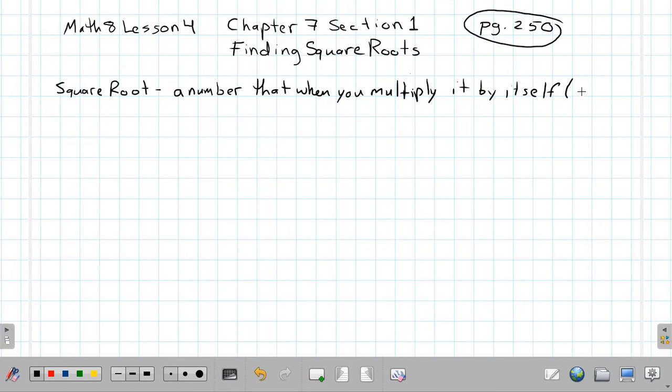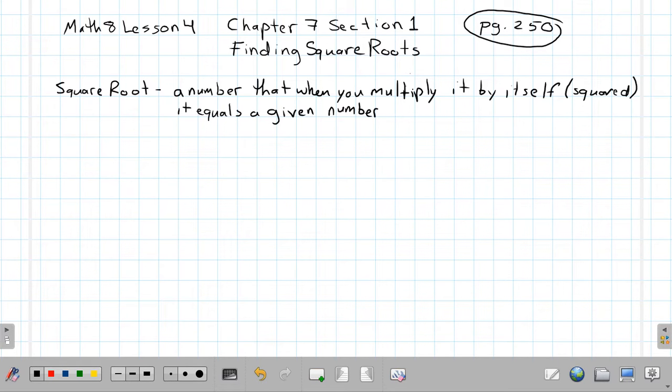So let's say if we do 5 times 5, that means that is 5 squared. So when we multiply something by itself, we call that squaring the number. Just a little information there where the term square root comes from. But when you multiply a number by itself, that means squaring it. It equals a given number.